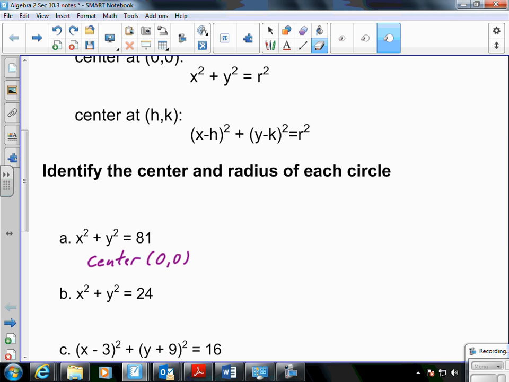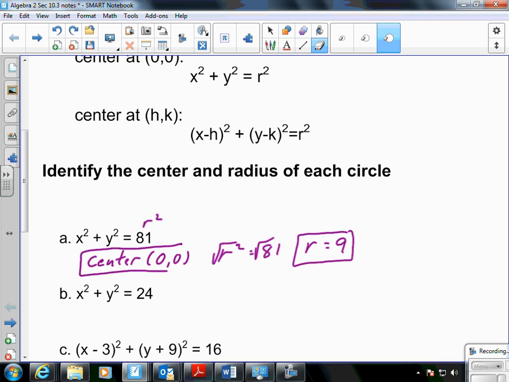And 81 represents r squared. So to find the radius, we set r squared equal to 81 and take the square root of both sides, so r equals the square root of 81, which hopefully we all know is 9. So center at 0, 0, radius of 9.